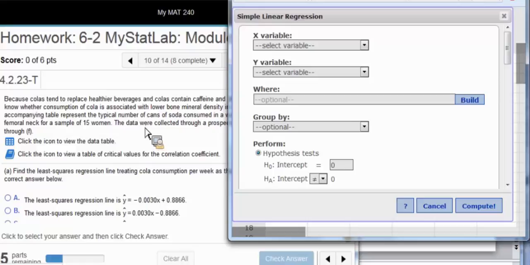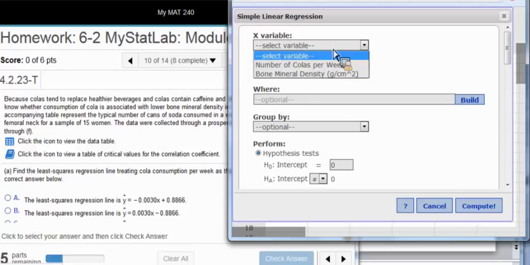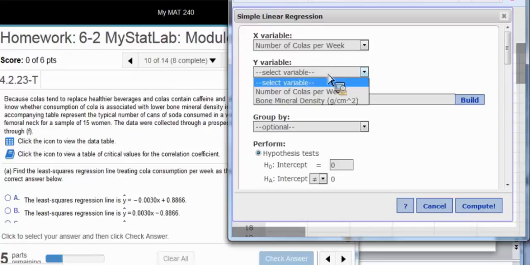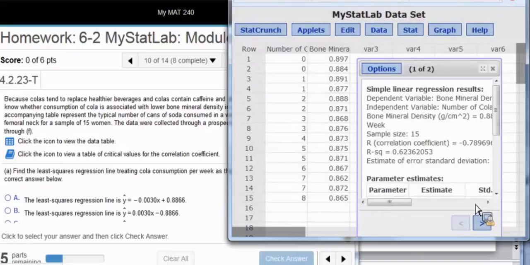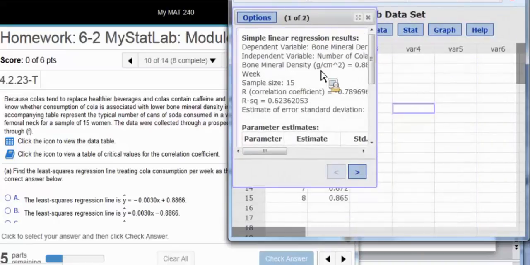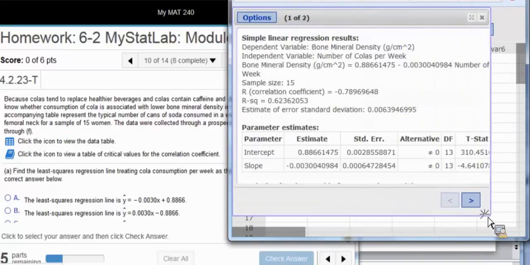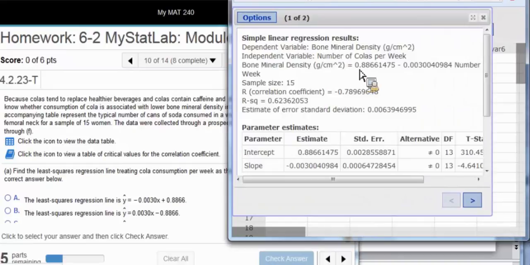Yes, it's the cola, because we're using the cola to predict bone mineral density. Compute. And here's the equation, which StatCrunch has given us to an unbelievably large number of decimals.